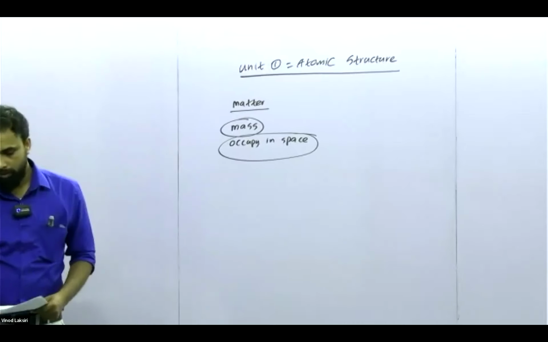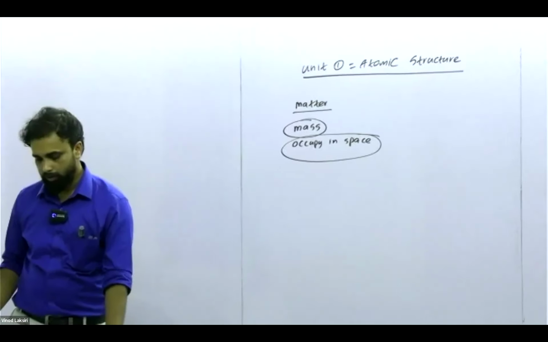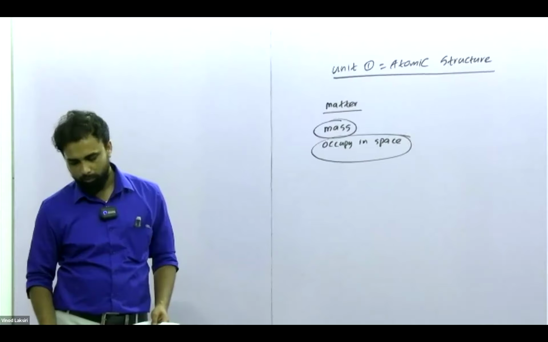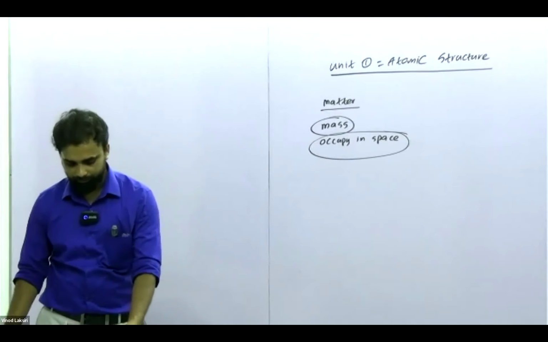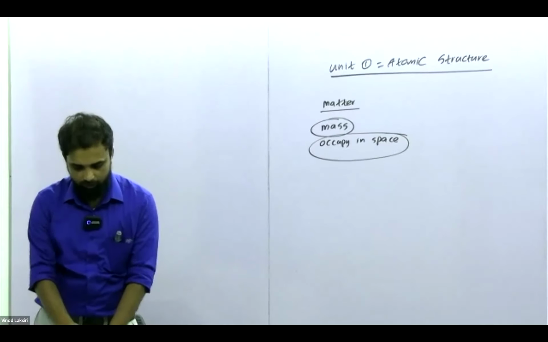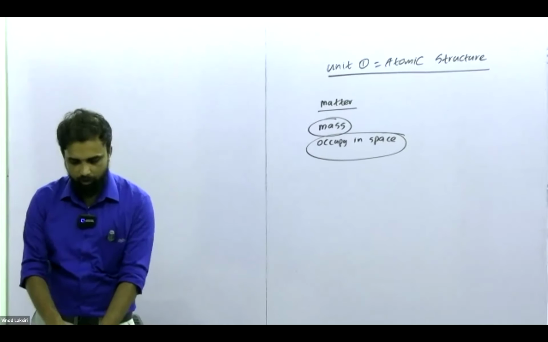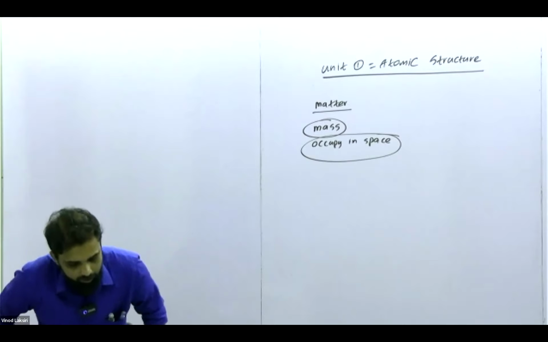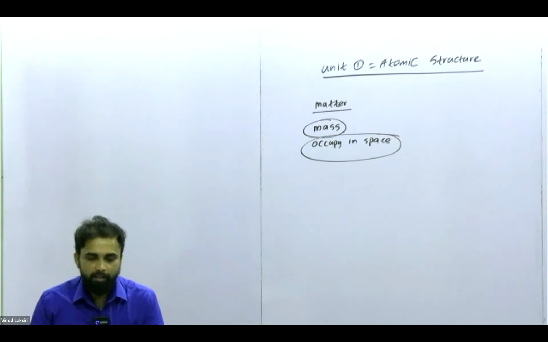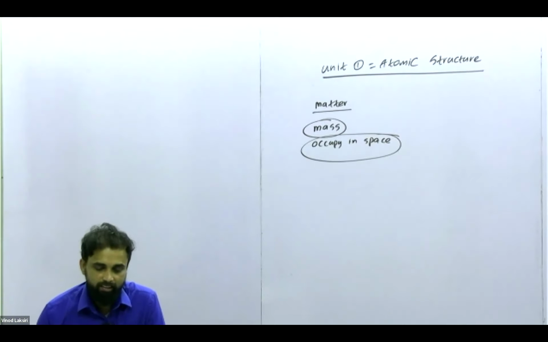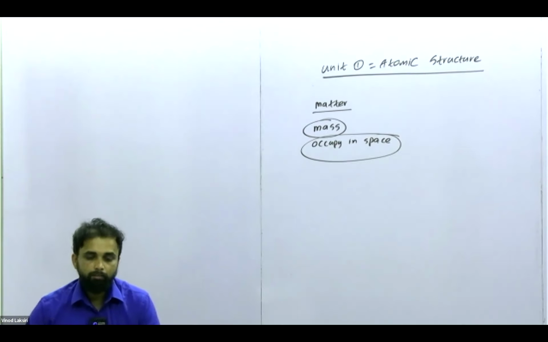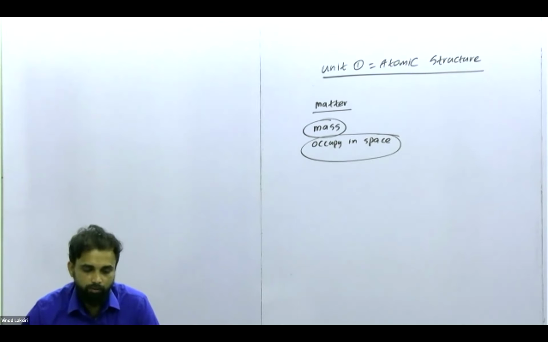Okay, write down first one. Write down a subtopic like matter. Write down matter. Then write down under that: Matter is the physical material of the universe.